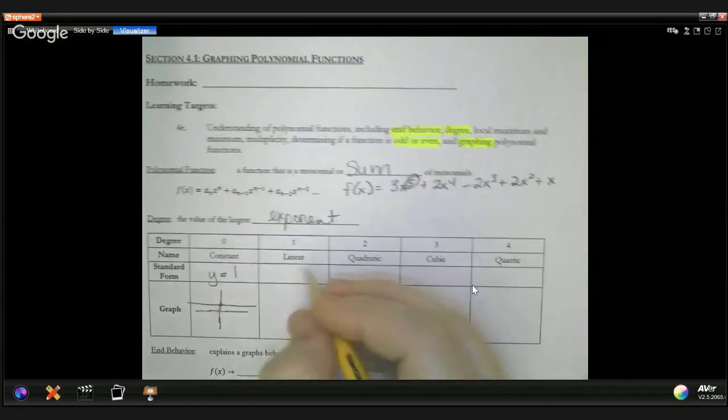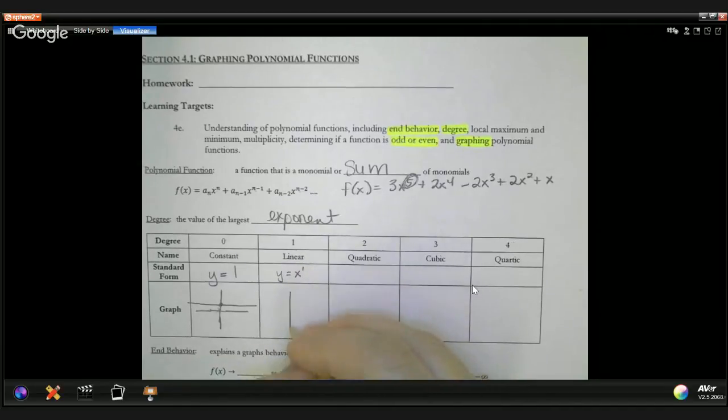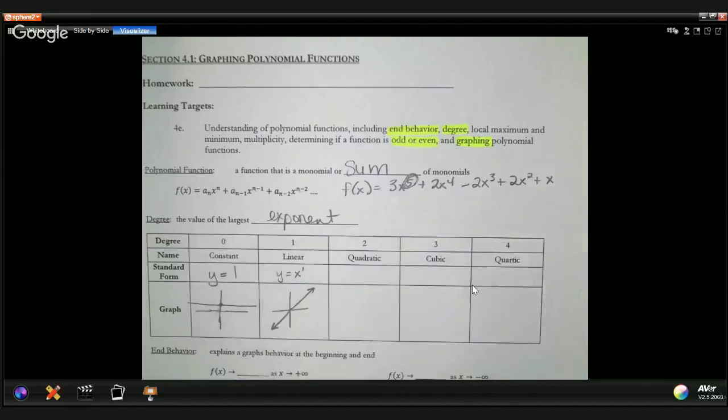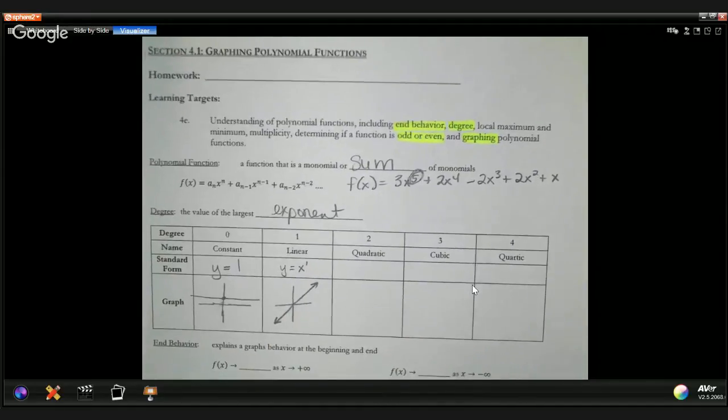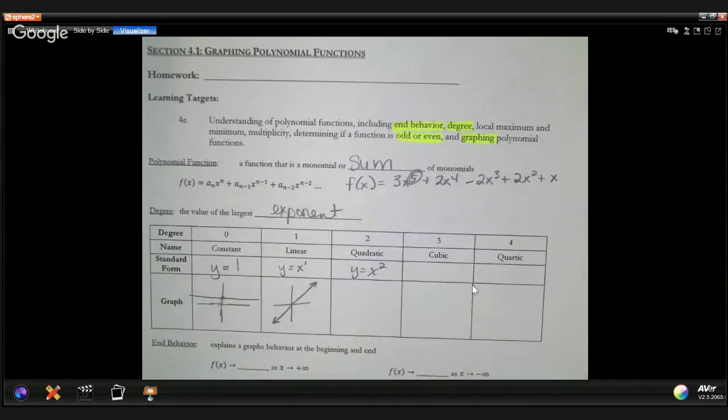When you have an exponent of just 1, this is a linear graph, which we've done, which just goes up 1 and over 1. A quadratic is x squared. And remember that those are your u's.